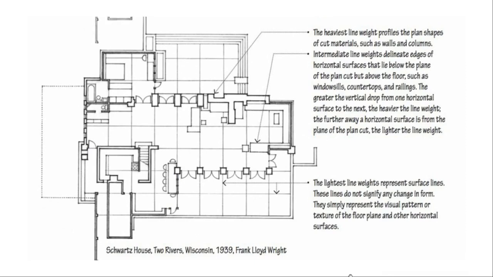So this is another floor plan example that we can see, and what it's talking about is the different types of line weights. So now there's this whole language to express and convey what these types of lines are, what this floor plan is really doing.